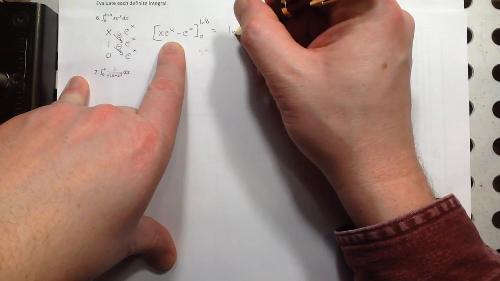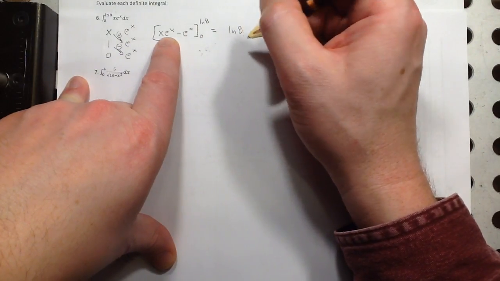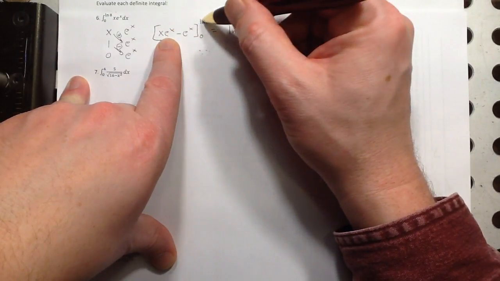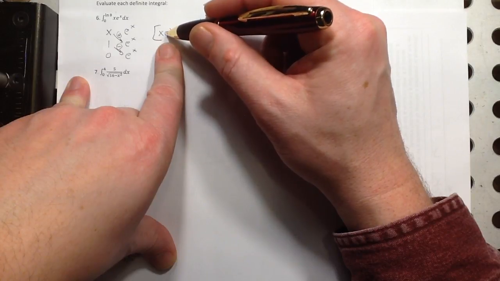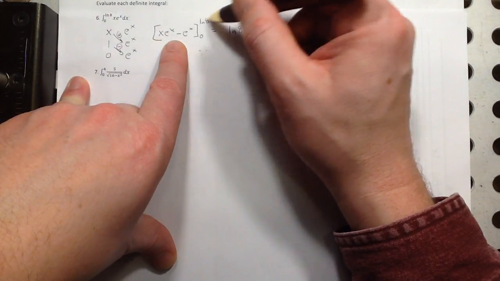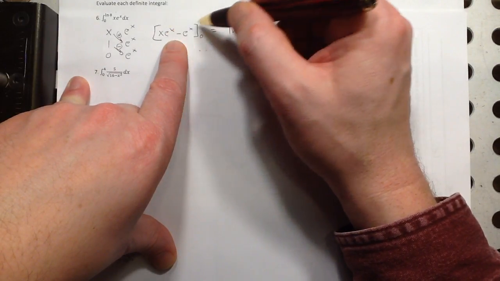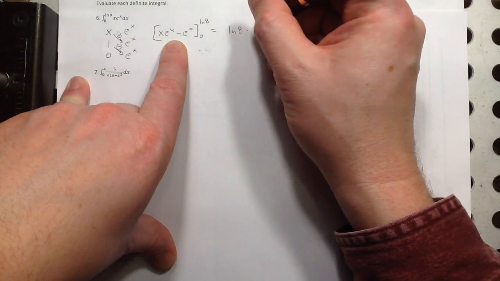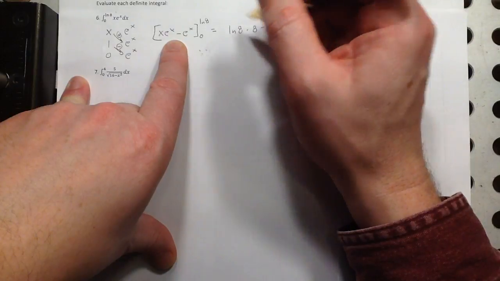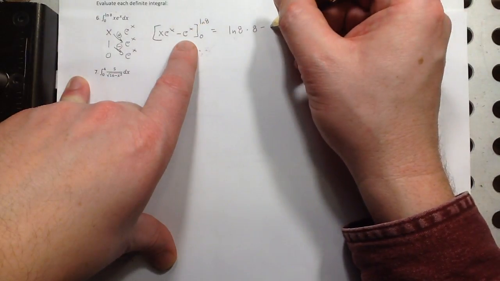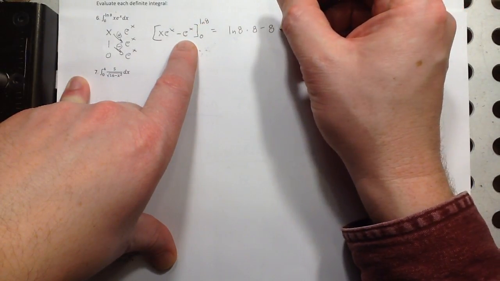So that's natural log 8. And then what's e to the natural log 8? Well, the exponential function and the natural log function are inverses of each other. So if you raise e to the natural log 8, you just get 8. Minus e to the natural log 8, that's another 8 there.